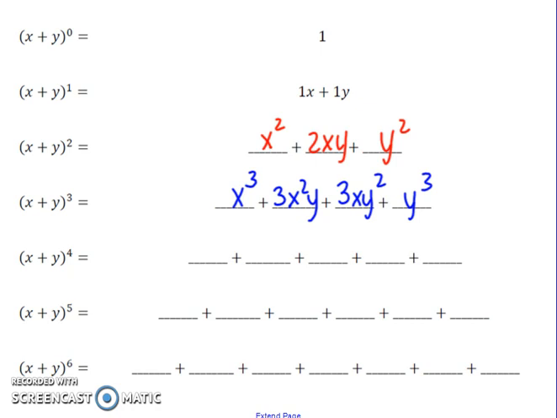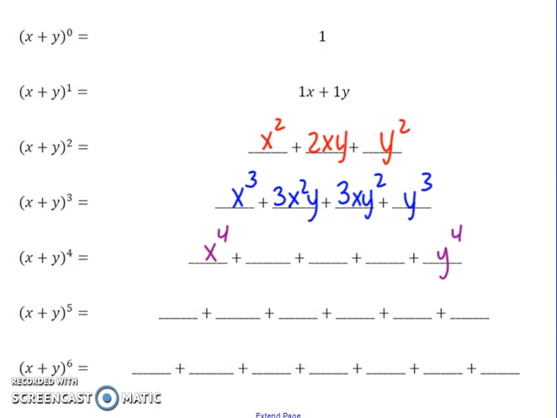Now, if we did (x plus y) to the fourth, we would put the next one in and so on and so forth. But we want to look at this, and we want to see if there's any kind of pattern that we see. So (x plus y) to the fourth. Well, I'm going to start with x to the fourth here, and I'm going to end it with y to the fourth. Because that's what it looks like is happening with all of the previous steps.